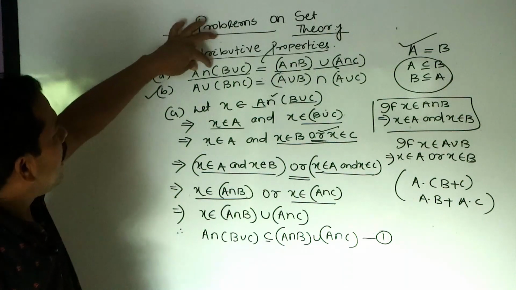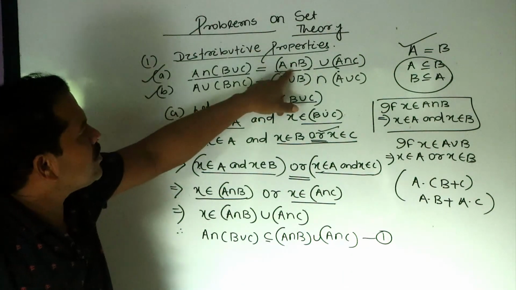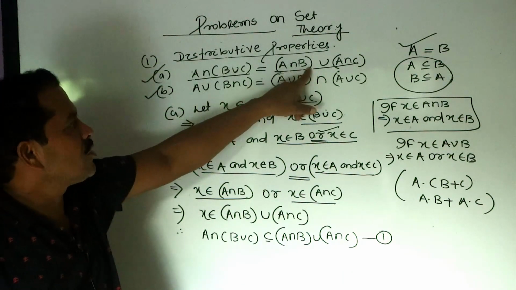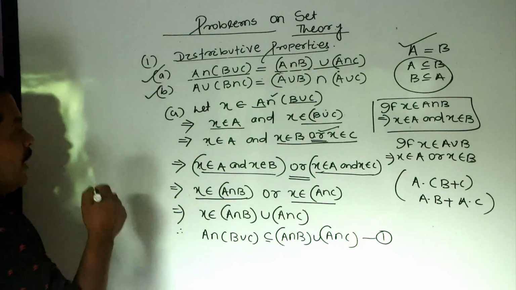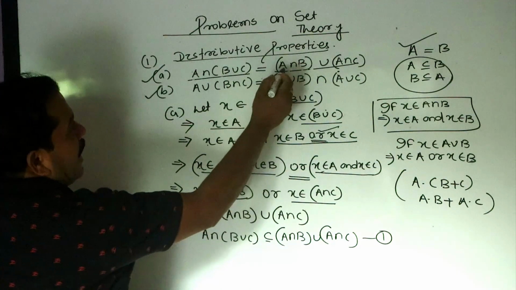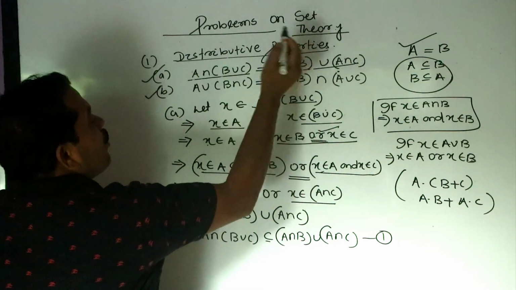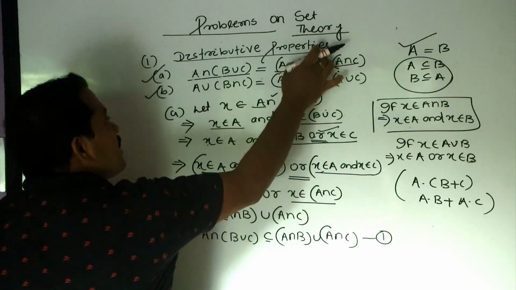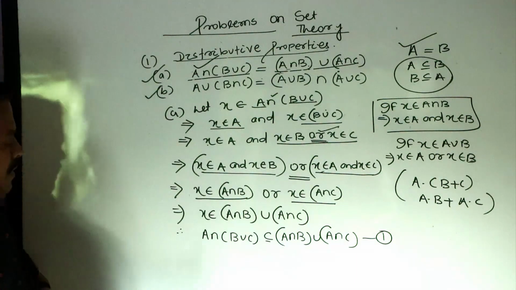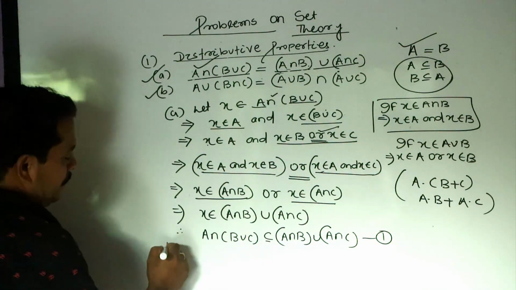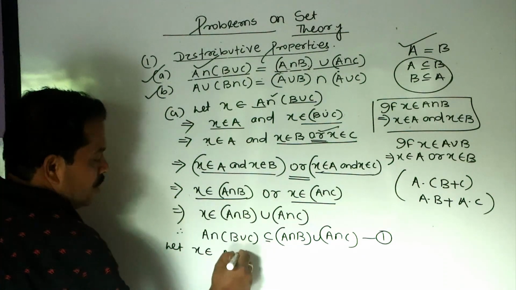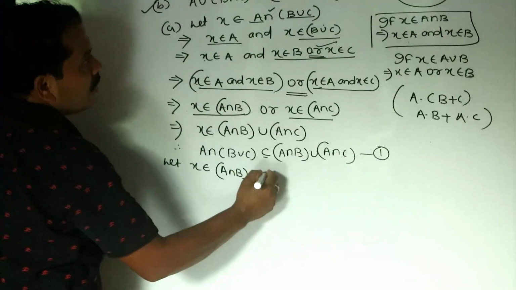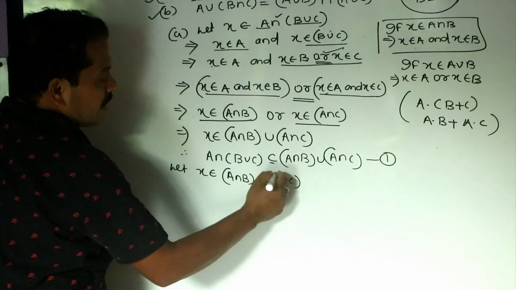That means A intersection (B union C) is a subset of (A intersection B) union (A intersection C). Again, we have to take x from this set and prove this x is also an element of this set. Take x belongs to (A intersection B) union (A intersection C).